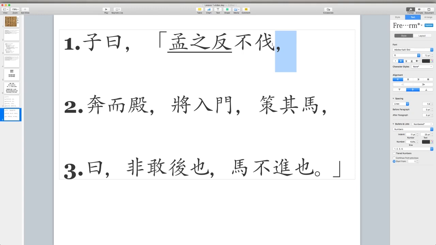But I turned it into a comma because I want to point out the fact that this is a topic-comment sentence. And when you get used to seeing topic-comment in classical Chinese, it'll help your modern Chinese a lot. Because if you've ever been reading something in Chinese and you have this massively long sentence, it takes up an entire page, and it's like, how are we still in the same sentence?